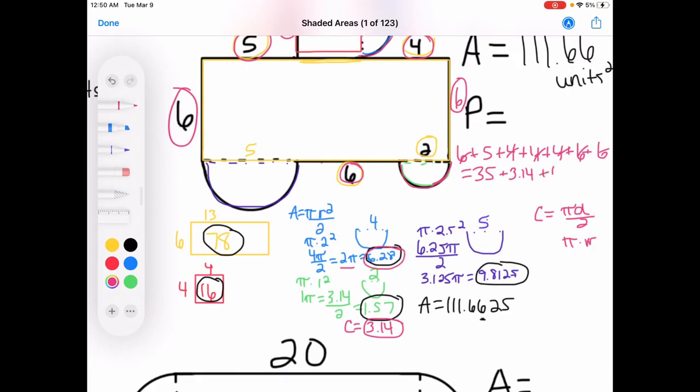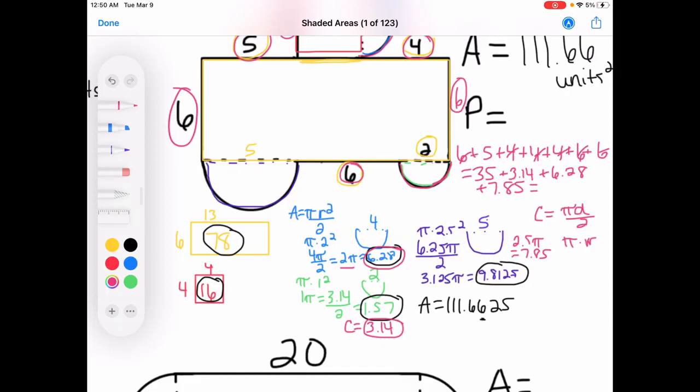So 6.28. And then I have a diameter of 5. So half of 5 would be 2.5. So 2.5 times pi. So 2.5 times 3.14, which is 7.85.